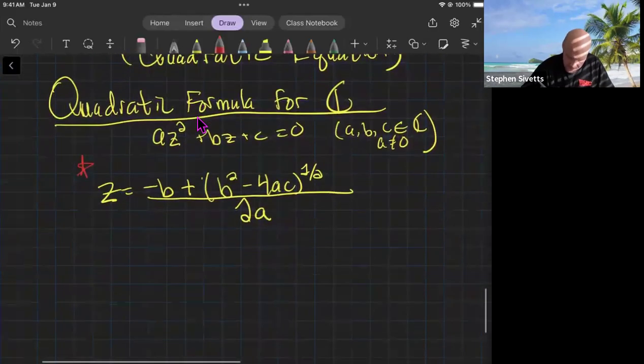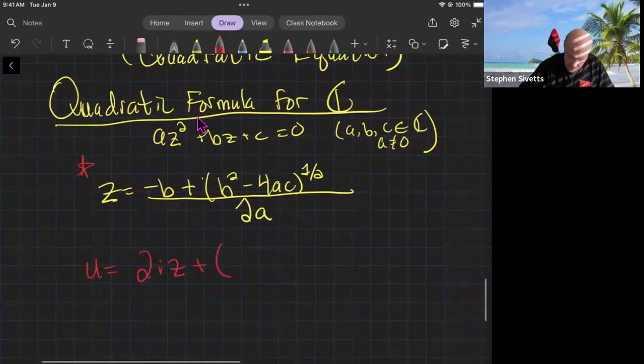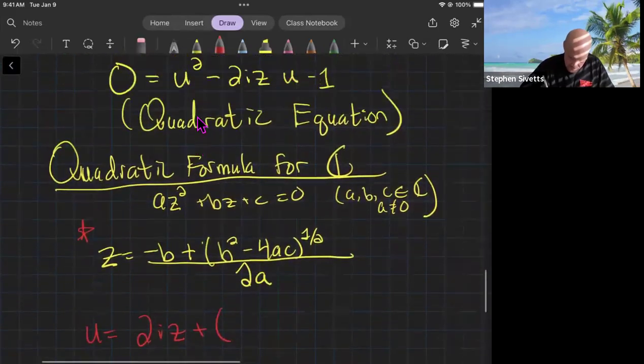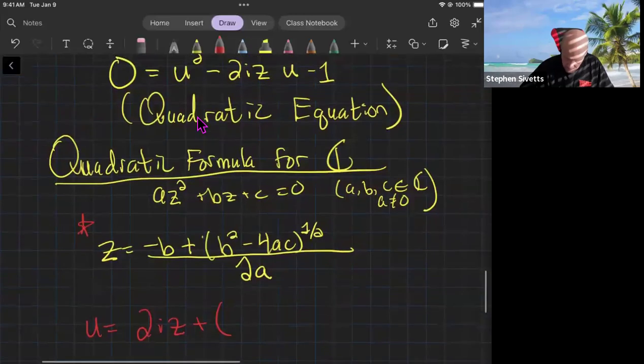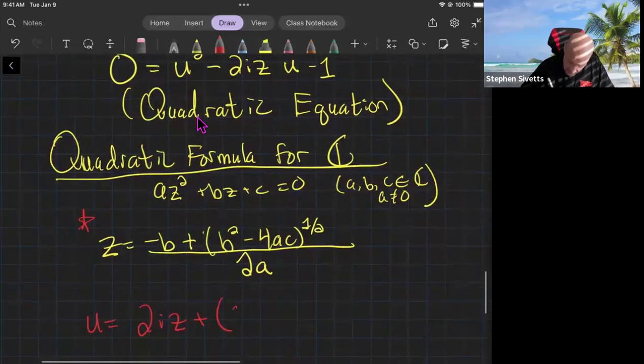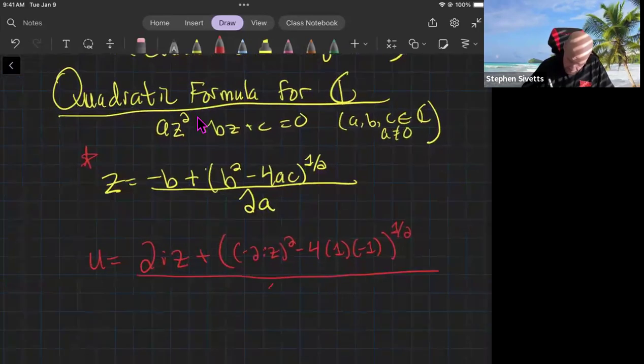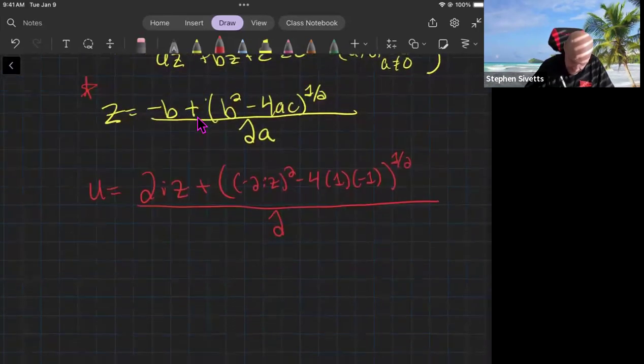So in u, this would be u is equal to 2iz plus the square root, well, essentially the quantity minus 2iz squared minus 4 times a, which is 1, and c is -1, to the 1/2 over 2 times 1, okay?